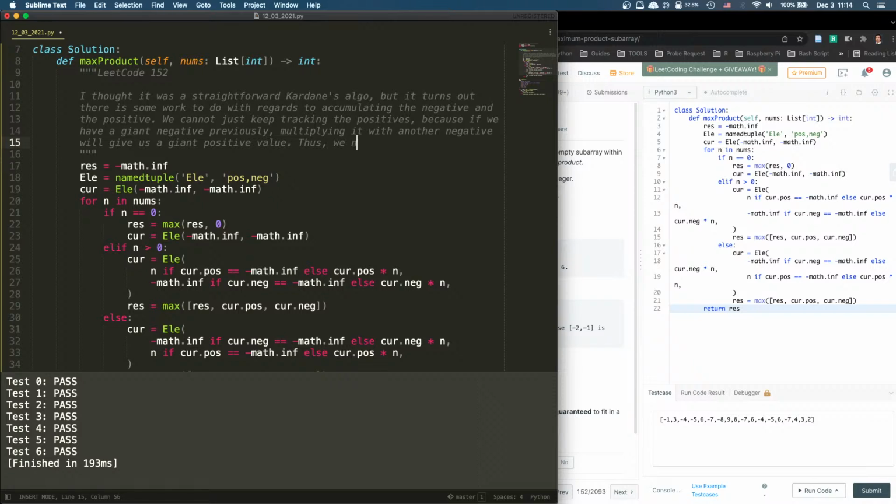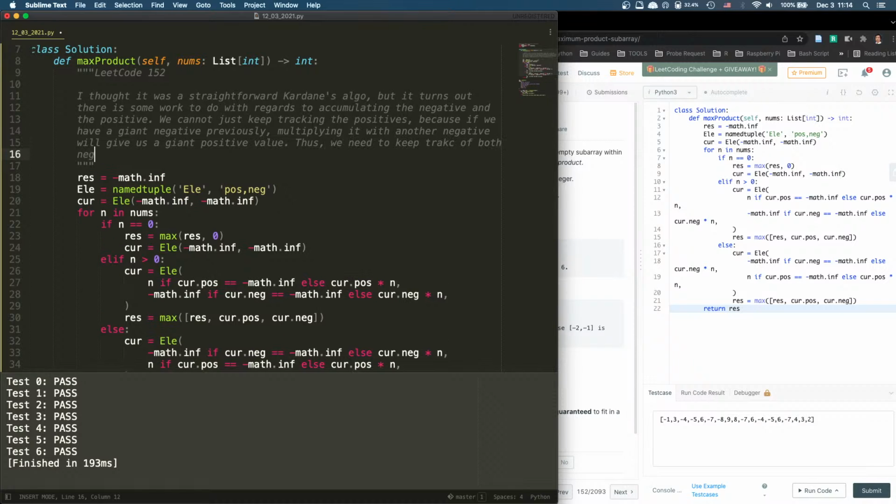Thus, we need to keep track of both negative and positive product of subarray ending at each position.